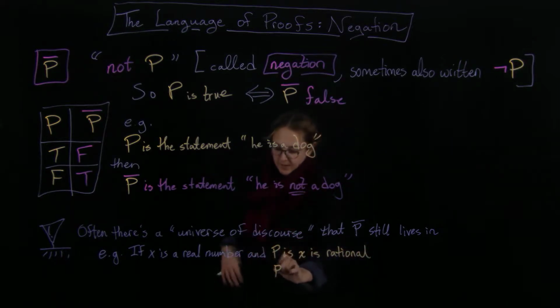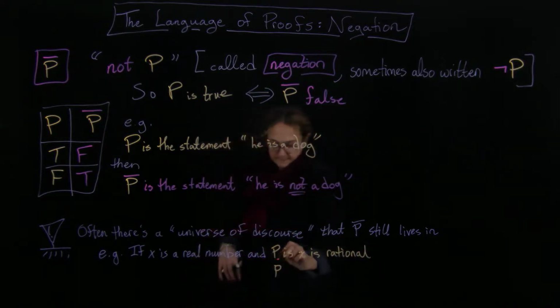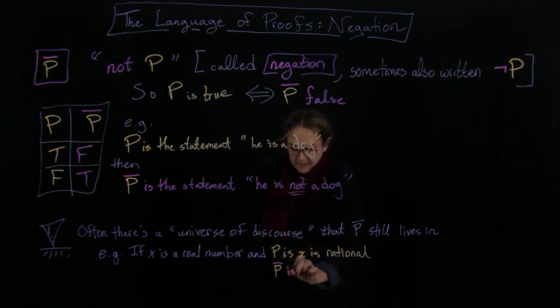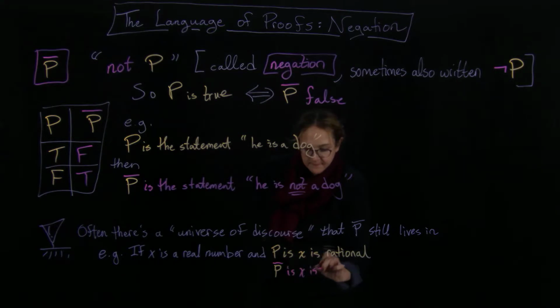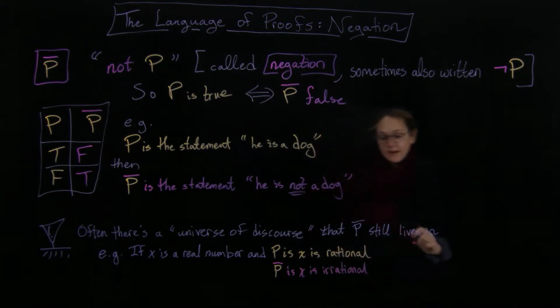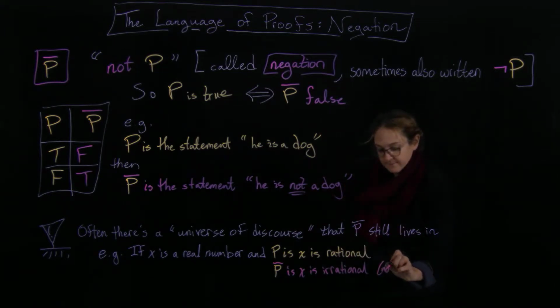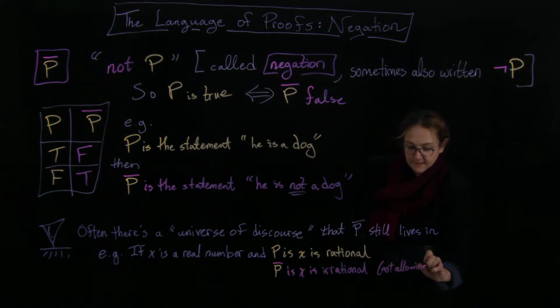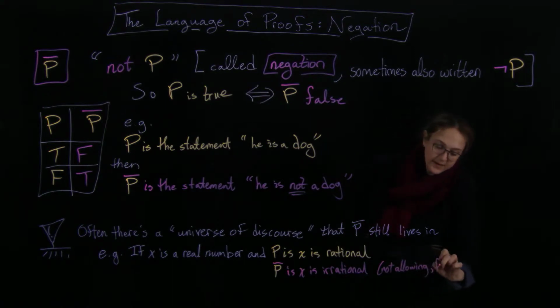Then P bar is X is irrational. And we're not allowing, for example, that X is a complex number.